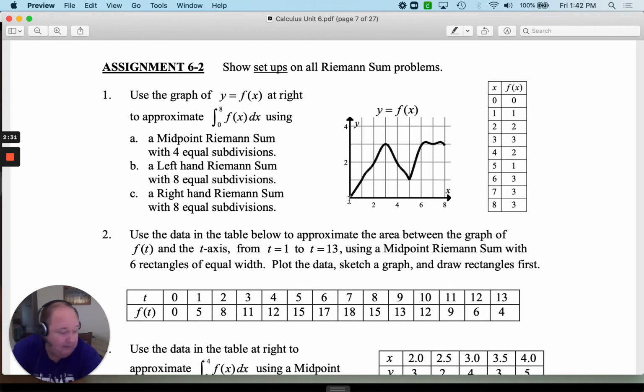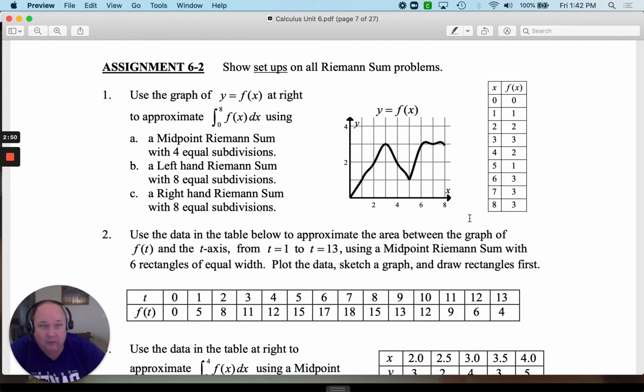I'm not going to belabor it, but for each rectangle, it's going to be the left one. So we're going to use the value at 0, 1, 2, 3, 2, 1, 3, 3, and we end there because it's left. So we end at 7.